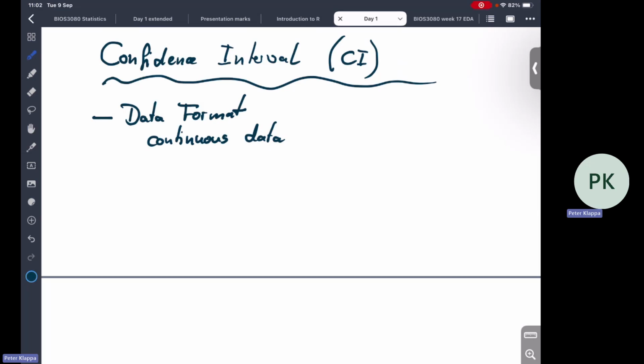Let's do the simple things first. It also relies on, and that's very important, the sample size. We call this N.